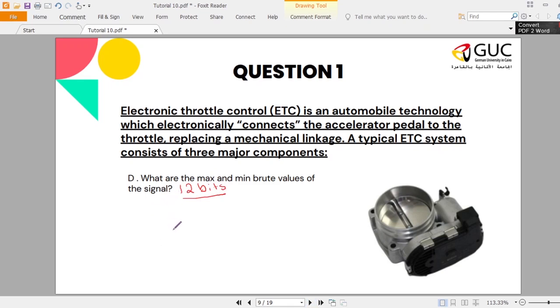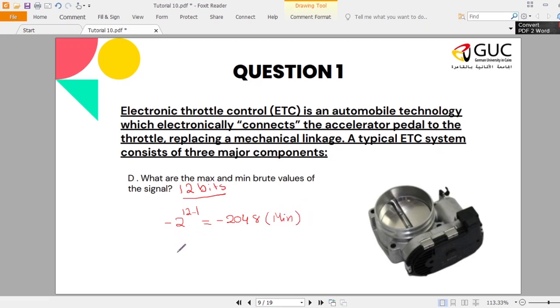So our minimum value is negative 2 power 12 minus 1, which is equal to negative 2048.